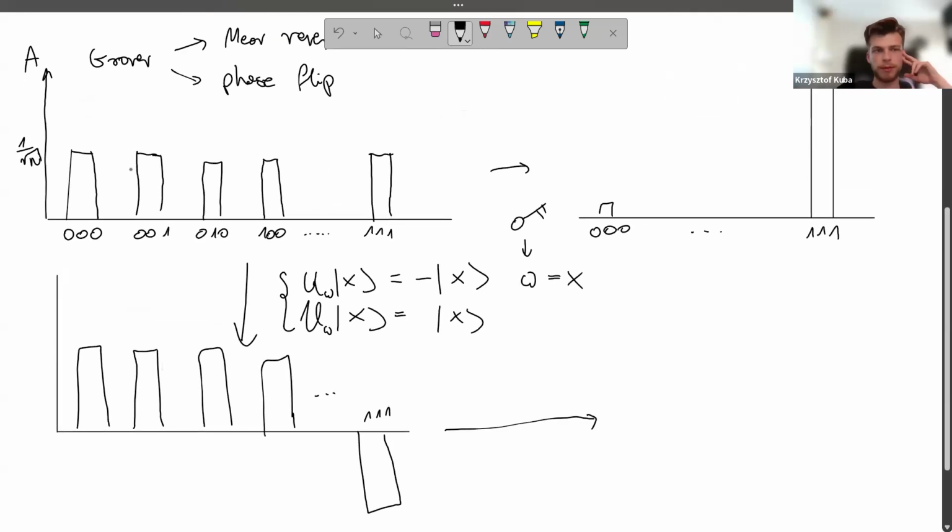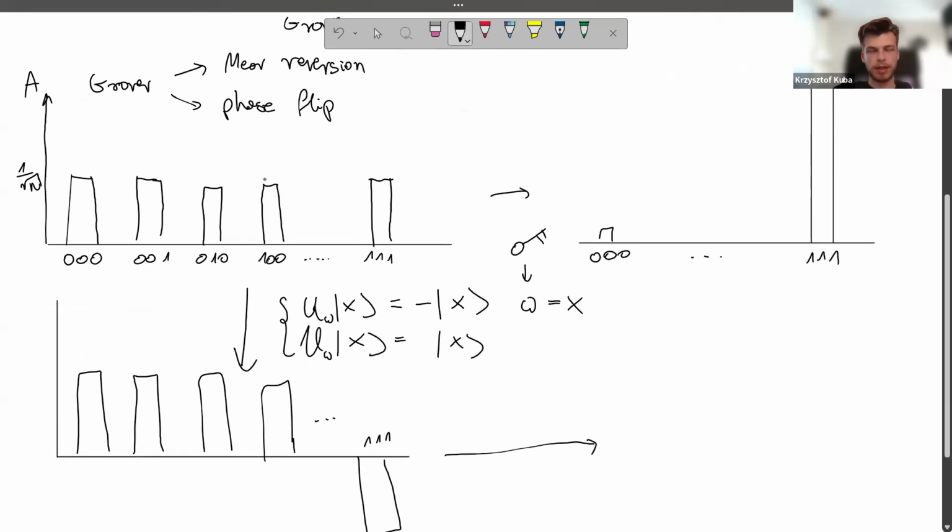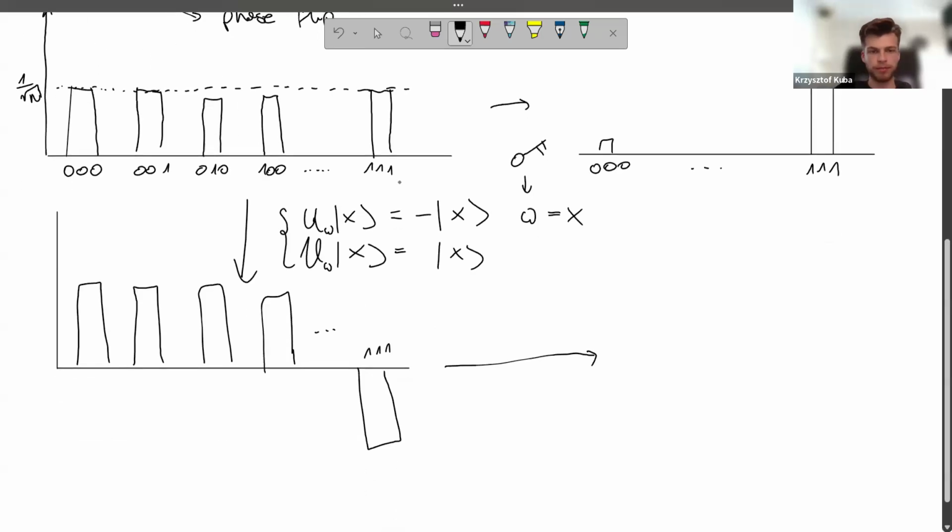So here, if all the states are in the same state, we can say that the mean value of all those states is somewhere here, right? This is a single value. But now the mean is slightly lower.